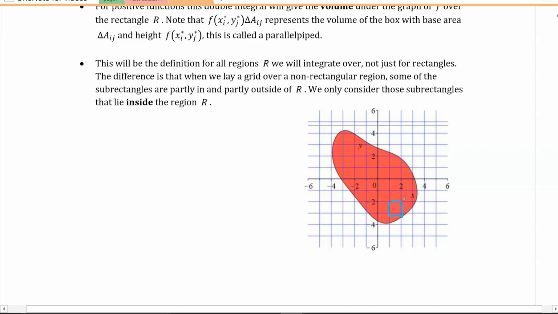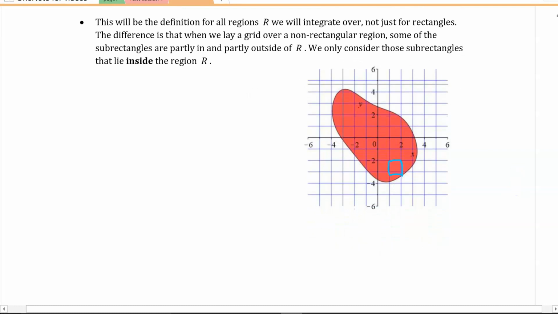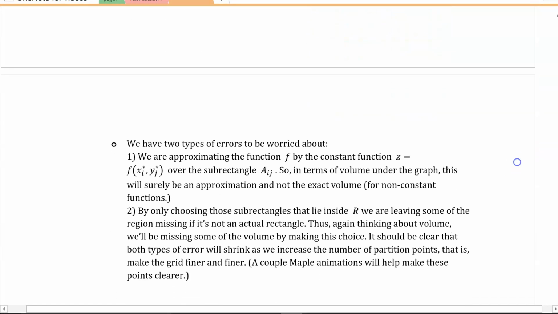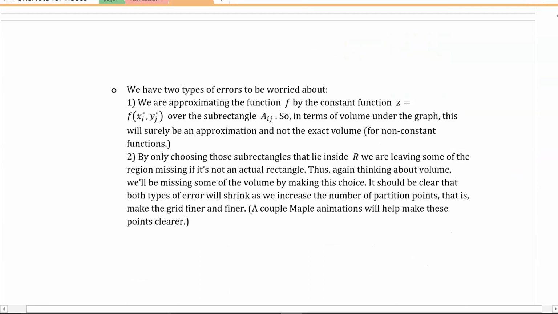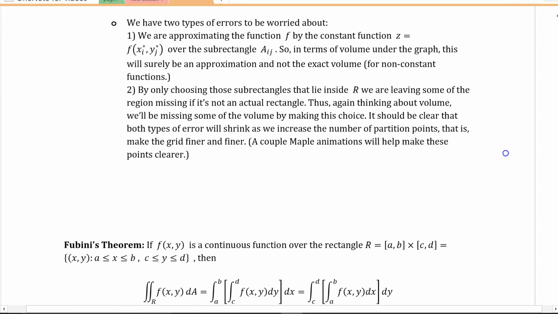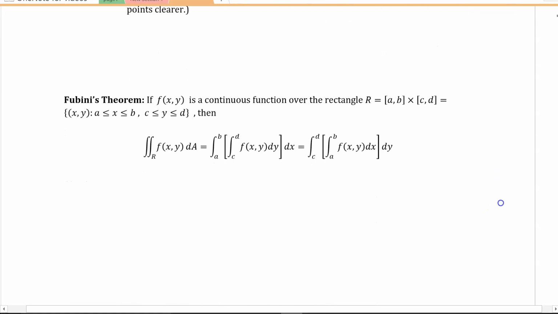All right, as we increase the grid mesh, we use more and more points, and then our mesh gets finer and finer. We'll have more and more subrectangles inside the curved region. All right, there's a couple types of errors that we can get, of course, from that. We won't focus as much on these in this video.